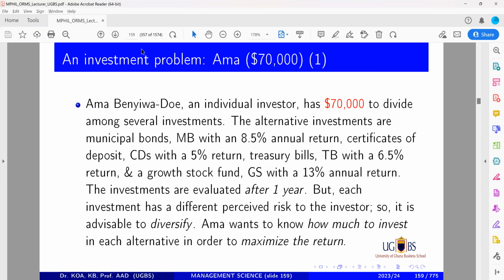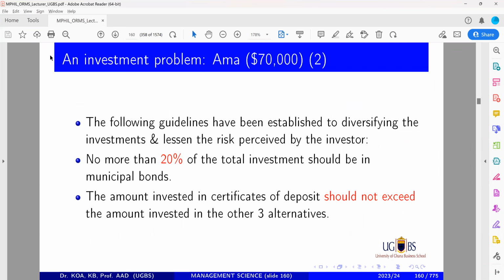The investments are evaluated after 1 year, but each investment has a different perceived risk to the investor, so it is advisable to diversify. Amma wants to know how much to invest in each alternative in order to maximize the return.